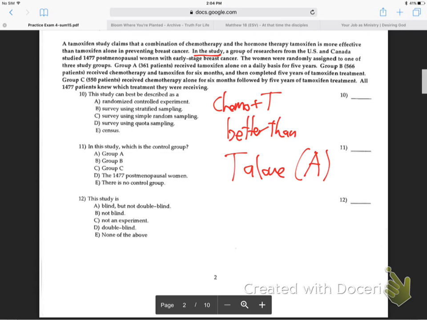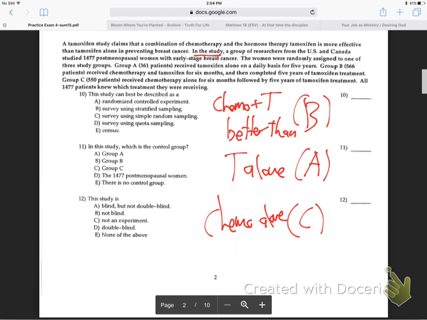Group B received chemo and tamoxifen, then completed 5 years. C received chemo alone. So B was both. C was chemo alone. Right? All 1470 patients knew which treatment they were receiving.